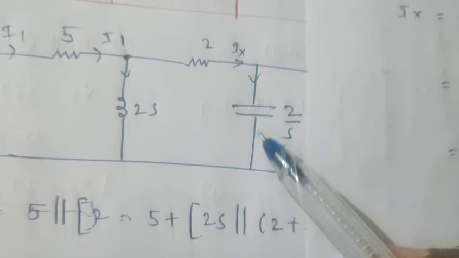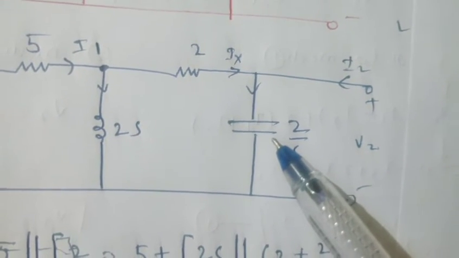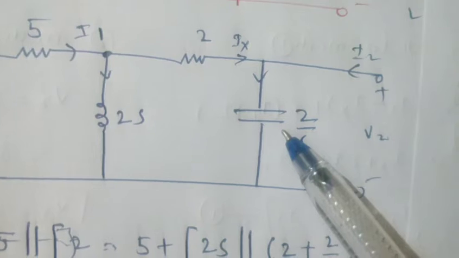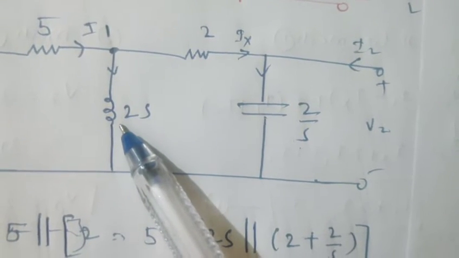Here the current branch resistance is nothing but 2 by S, and the opposite branch resistance is this 2S value.